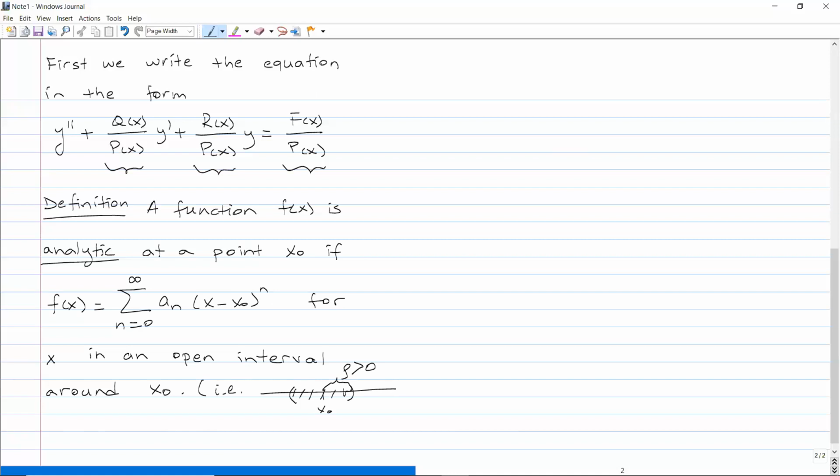And this has to be a positive number. So there must be some open interval, and we take all x in this open interval. And this number rho is, remember, the radius of convergence of the series.